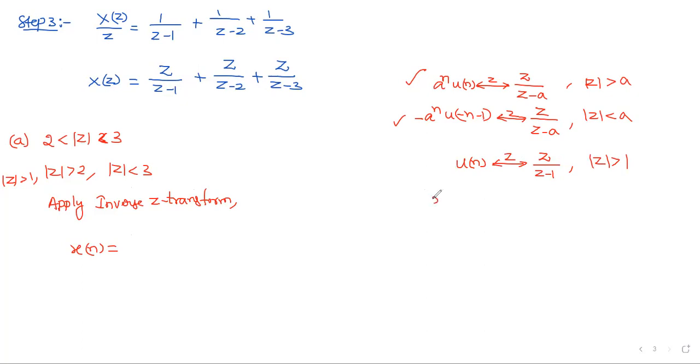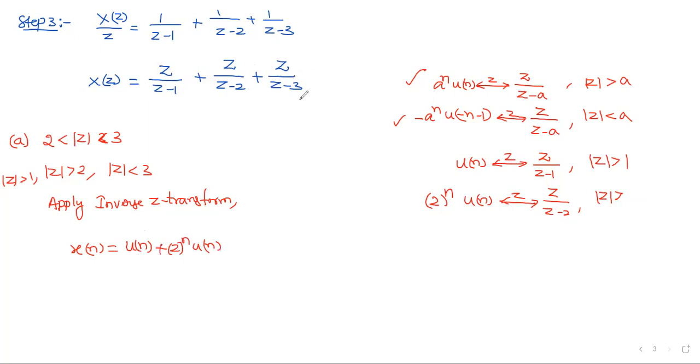A value 2 you take, 2 power n U of n. Z transform is Z by Z minus 2, mod Z is greater than 2. So that means x of n will become U of n plus 2 power n U of n.